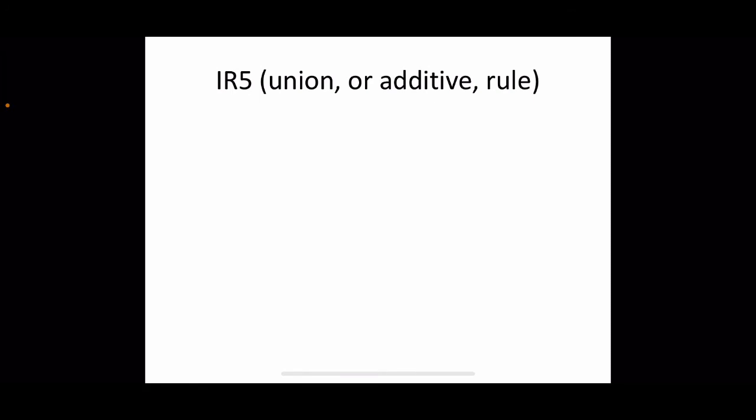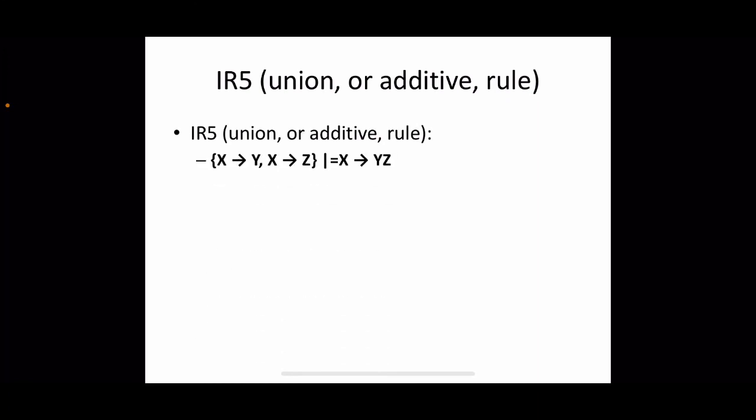Now IR5 is called the union rule or additive rule. That means if we have two different dependencies, X determines Y and X determines Z, then we can combine these two right hand sides together. X determines YZ, that is called IR5.